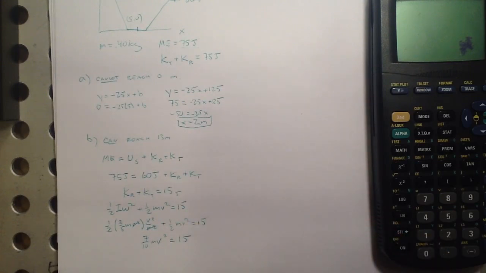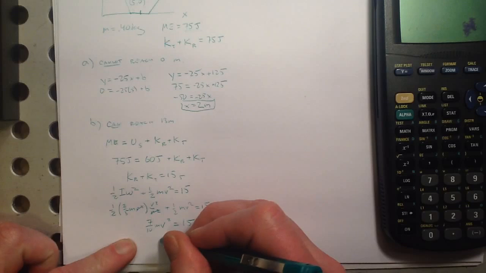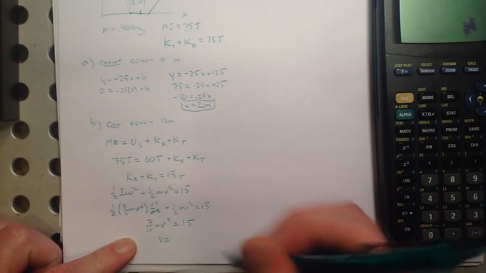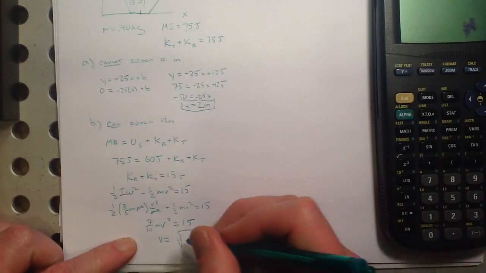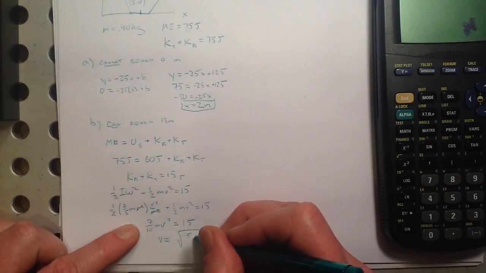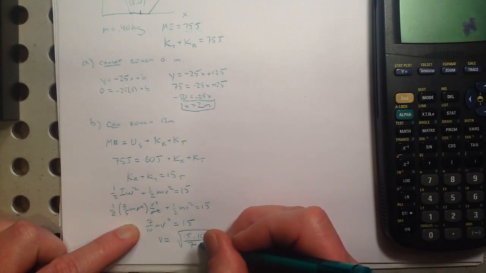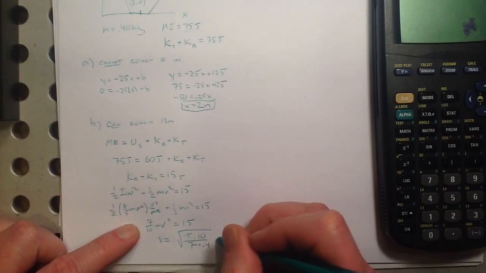And I do believe they gave us the mass. Yep. So solving for v, it's going to be the square root of 15 times 10 over 7. The mass will end up on the bottom here, which is 0.4.